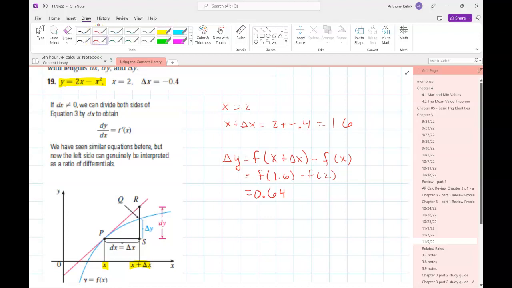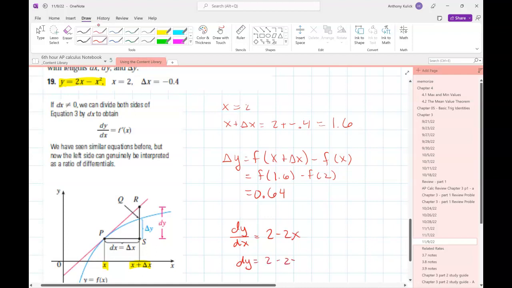Okay. Now to get my dy, I know dy dx is just going to be 2 minus 2x. And if I multiply both sides by dx, I have that.